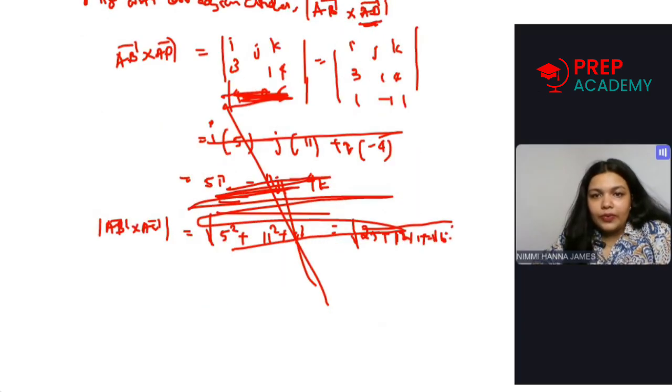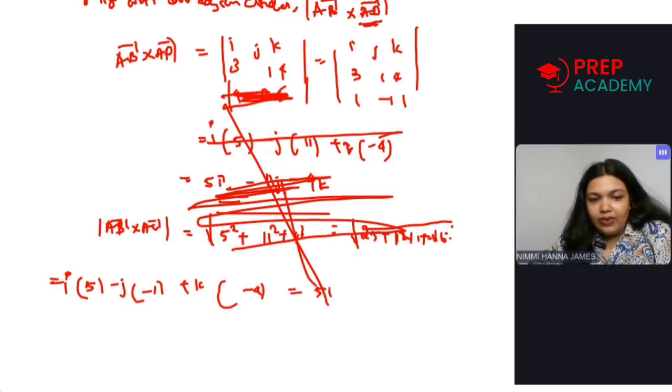So I into 3 minus 4, which is I into 1 minus minus 4, that is 5, minus j into 3 minus 4, that is minus 1, plus k into minus 3 minus 1, that is minus 4.